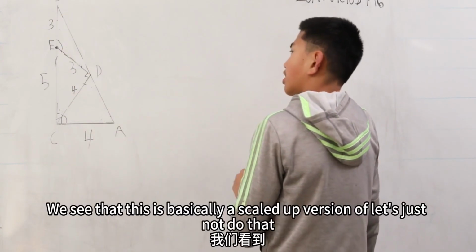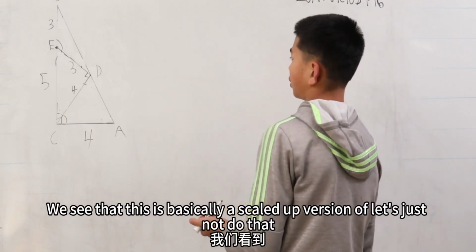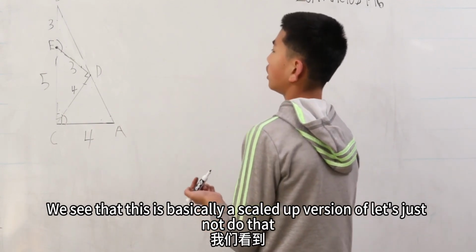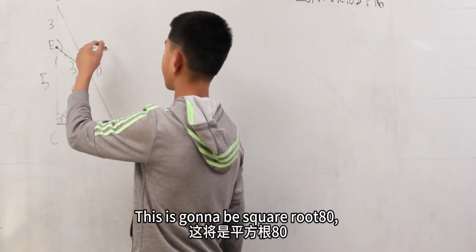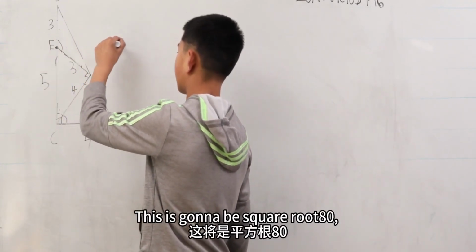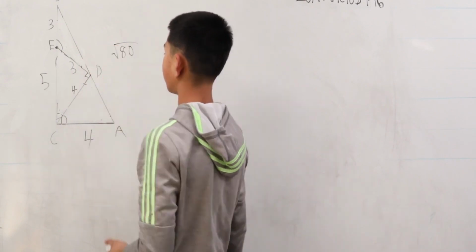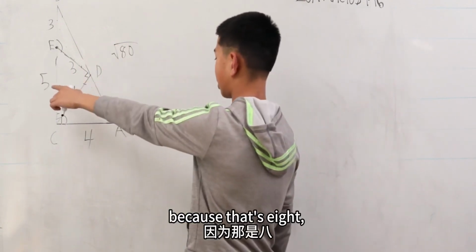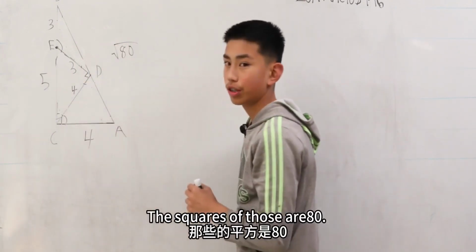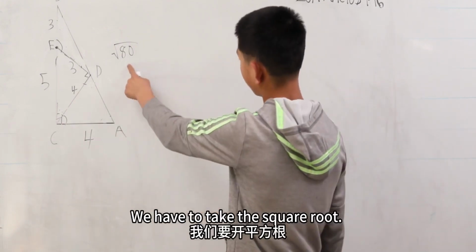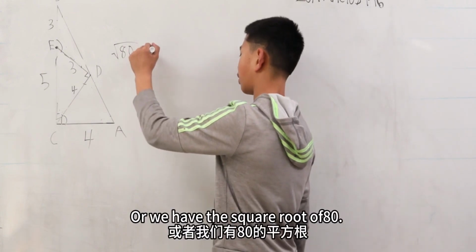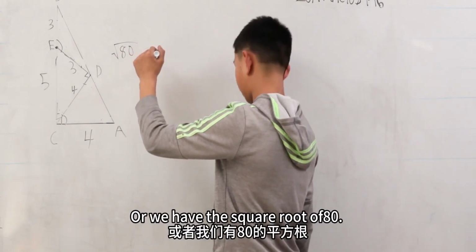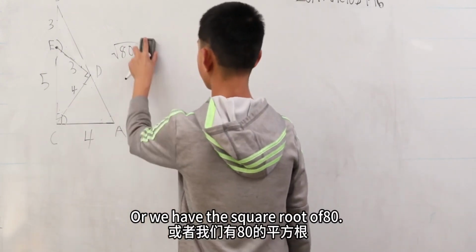Let's just solve for this. This is going to be the square root of 80, because that's 8 and that's 4. The squares of those are 80. We have to take the square root. So we have the square root of 80.